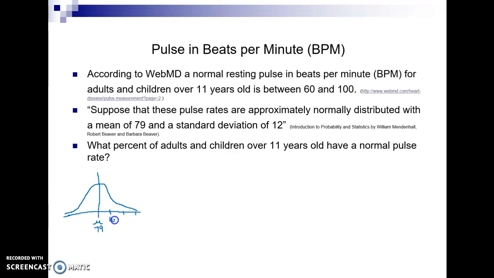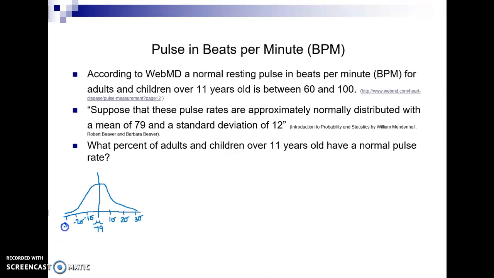So 1 standard deviation, 2, and again these are not 10, 20, 30. We're using the Greek letter here to represent standard deviation. These are above the mean, so these are all positive. We again divide into thirds below the mean, and these are -1, -2, and -3 standard deviations below the mean.